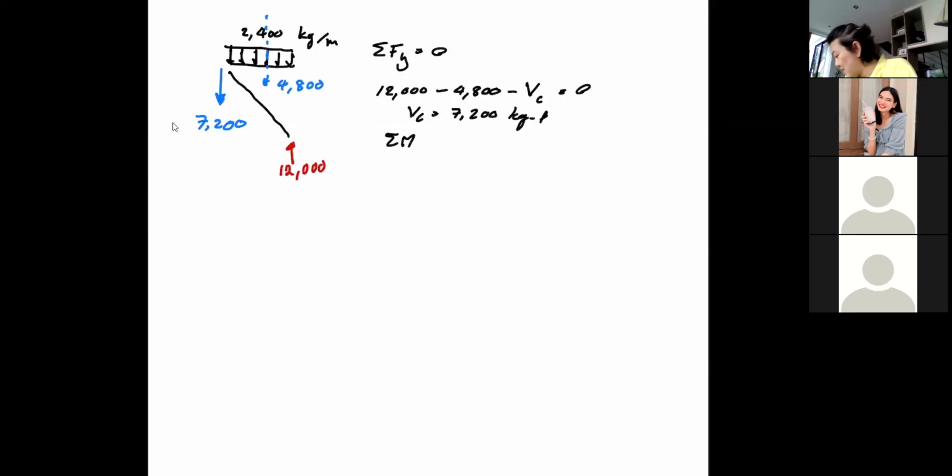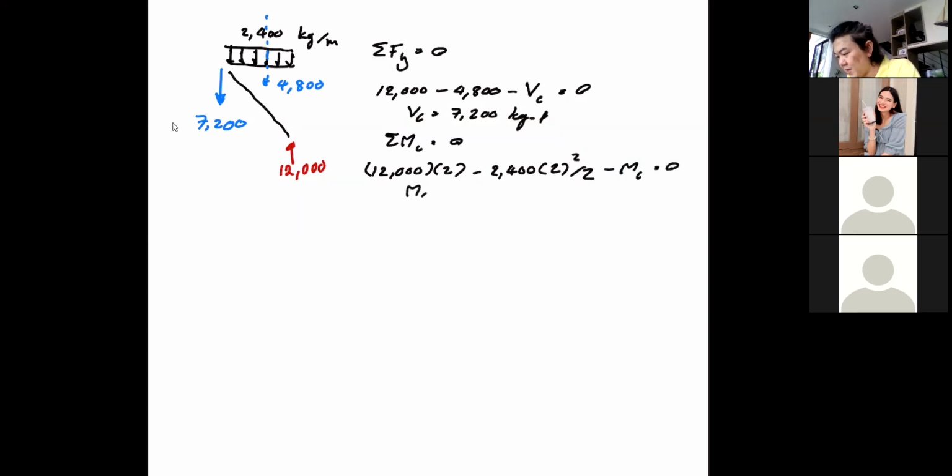So, okay. Now we take the moment at C equal to 0. So we have 1200 multiplied by 2, and then minus 2400 times 2 squared over 2, and then minus MC equal to 0.